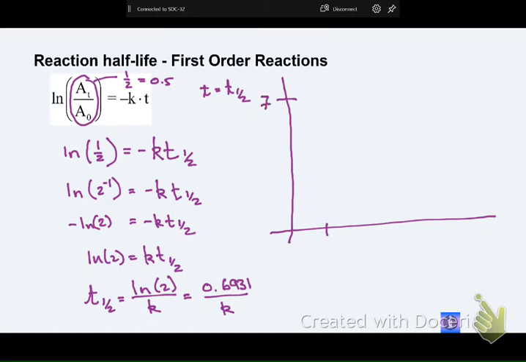Let's say this is my first half-life. And we could calculate what that value was if we knew what k was. What's the concentration at the first half-life? 3.5. So that's about here, right?